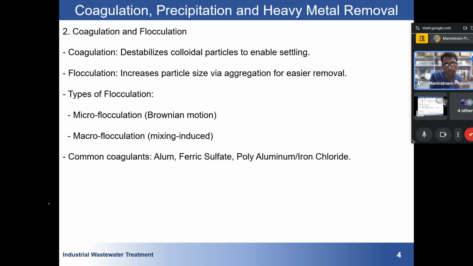But there are some particles which cannot settle and remain suspended. There are several reasons; one is that their weight is very low. If we somehow increase the weight of the particle, there are chances that it will settle down.